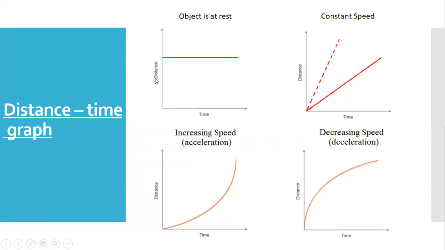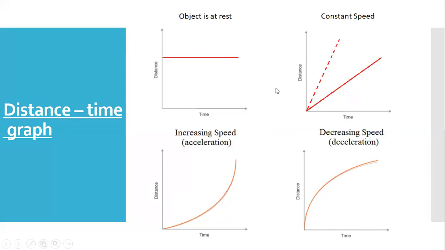If you ever see this red line which is horizontal to the time axis, it means that the body is not changing distance, it is not moving, it is at rest, it is stationary.